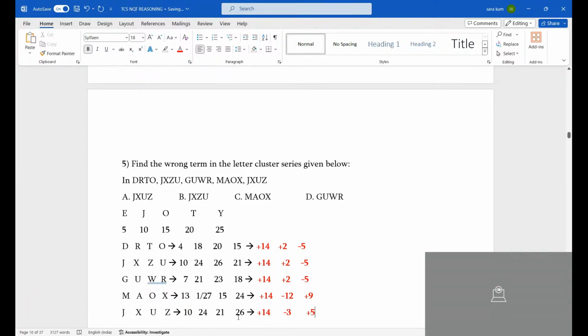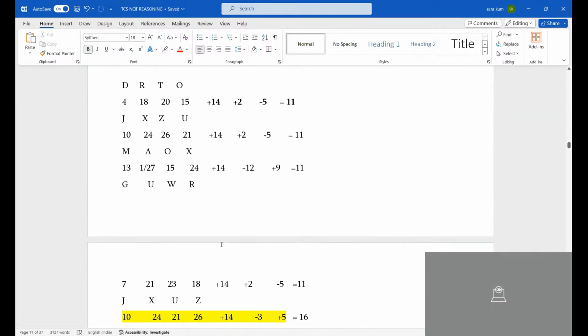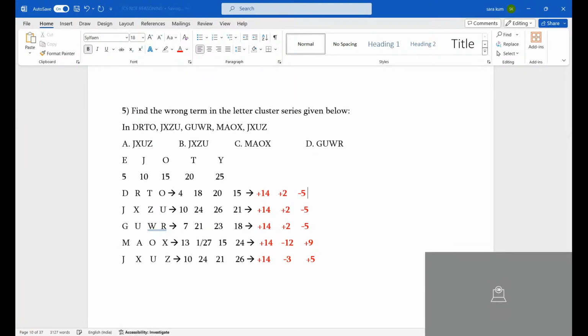I'll just tell you what happens here. The logic here is, guys, you just add these numbers.